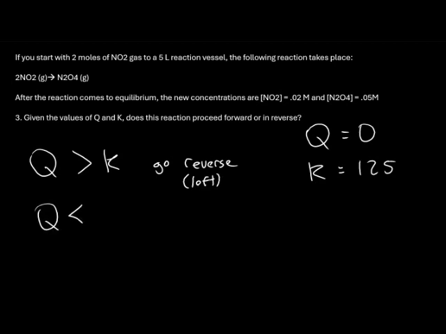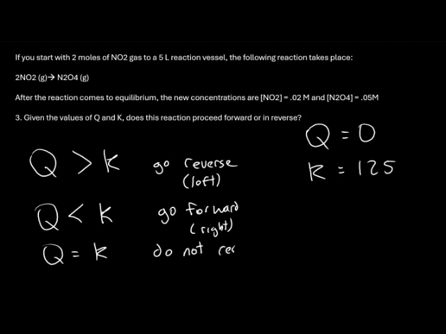If the Q is less than the K, that's the opposite, and we will react forward, or right. If Q happens to be equal to K, we're not going to react at all. The reason why we wouldn't react is that we would already be at equilibrium.